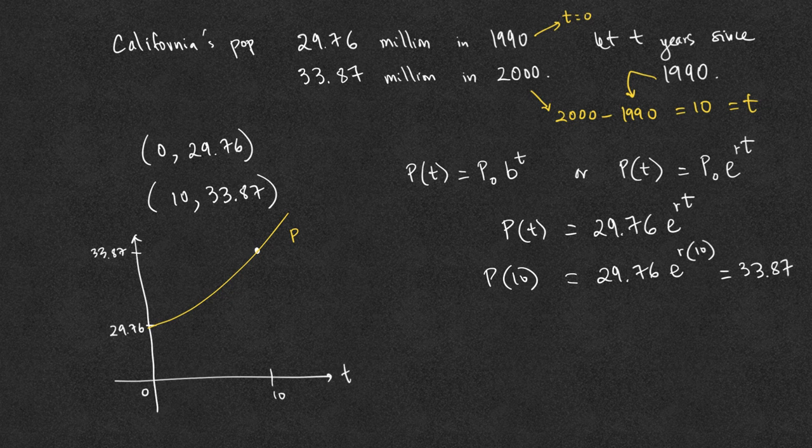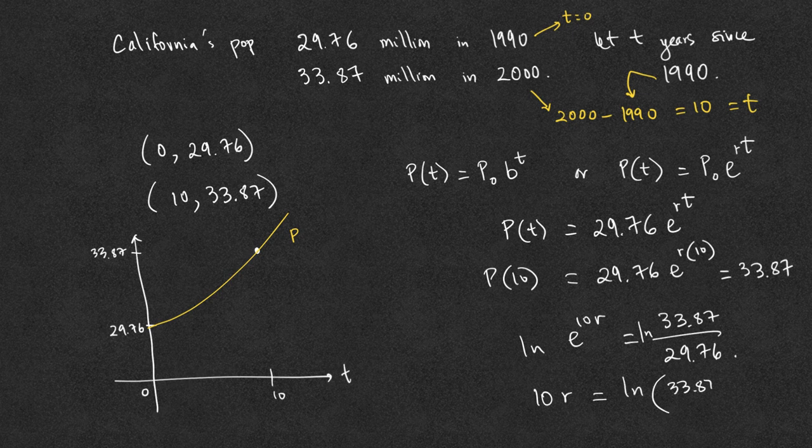33.87. And so to find r, we divide both sides of the equation by 29.76. We then take ln of both sides of the equation to get 10r equals ln of 33.87 over 29.76, which is still inside the parentheses, and then we divide both sides by 10 to get r by itself.